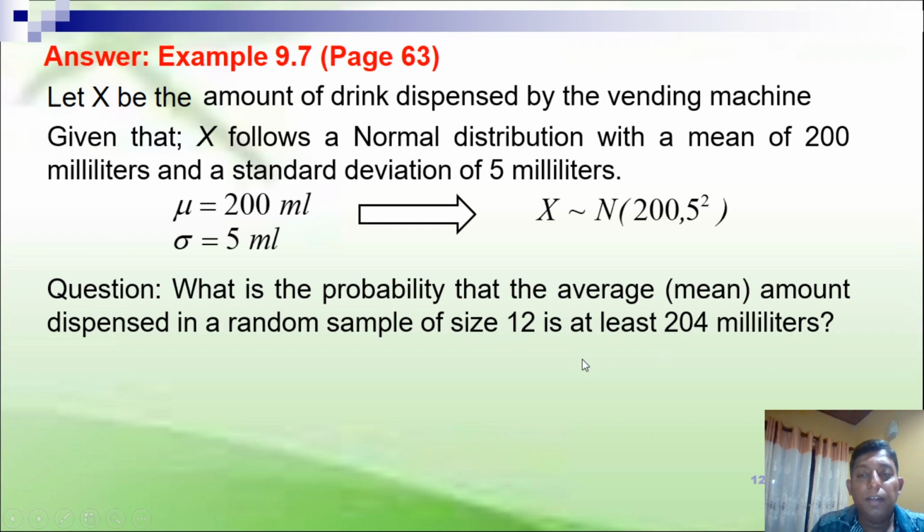That means the probability that the average value is greater than or equal to 204.